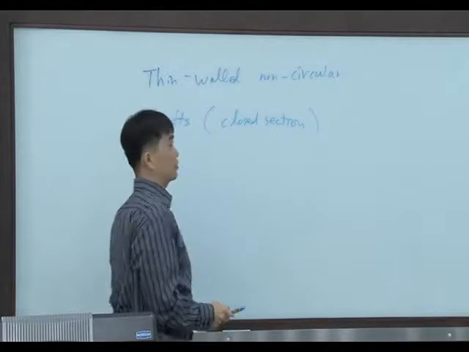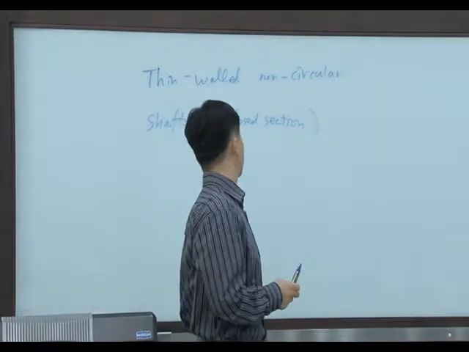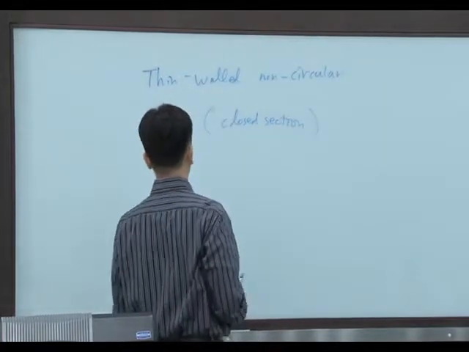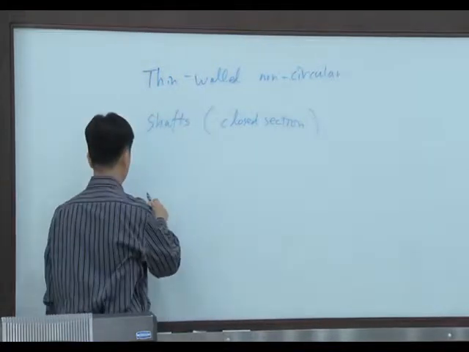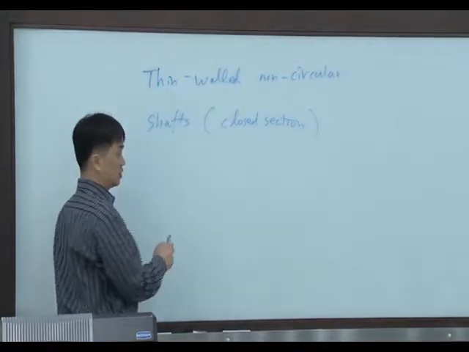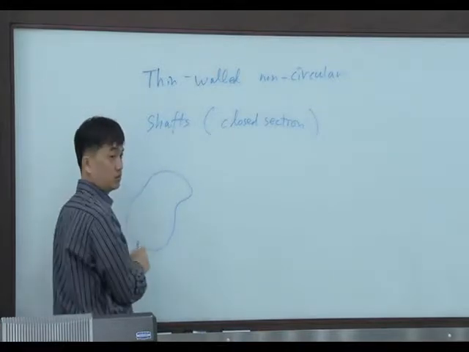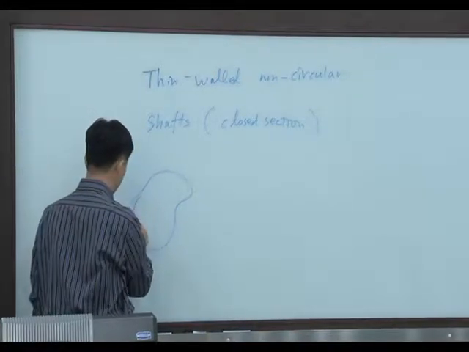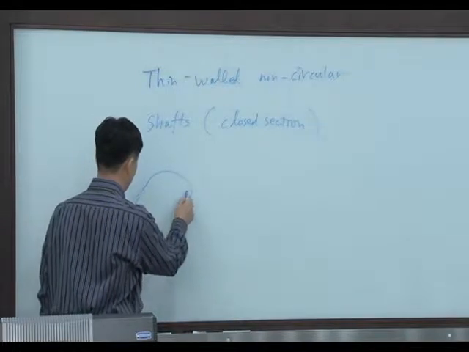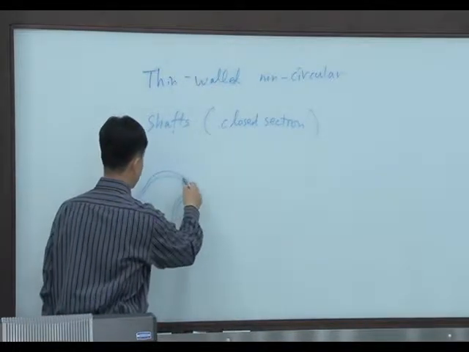So today's topic is thin-walled non-circular shaft, and this is a closed section shaft. Thin-walled means the cross section consists of thin wall. This is thin wall, something like that. This is thin wall.